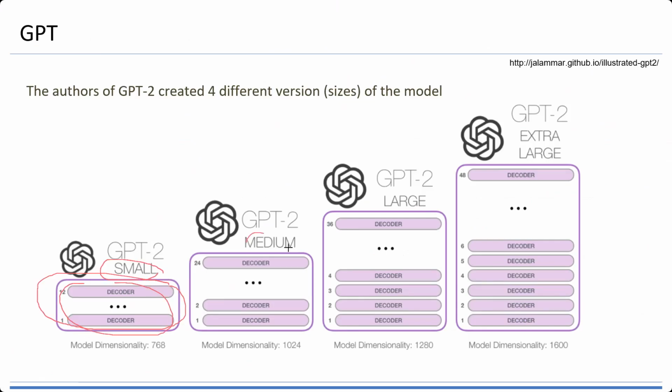If it is medium, there are 24 decoders. If it is large, there are 36 decoders. If it is extra large, there are 48 decoders. The more decoders, of course, the more meaningful, so we can find more of the semantics of the word. And also the dimensionality is higher.